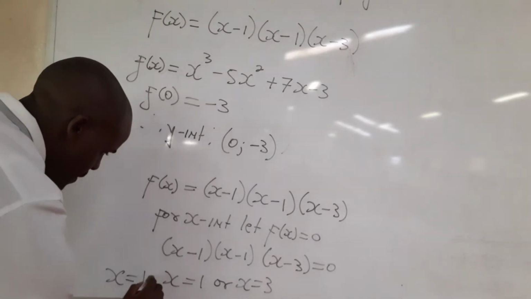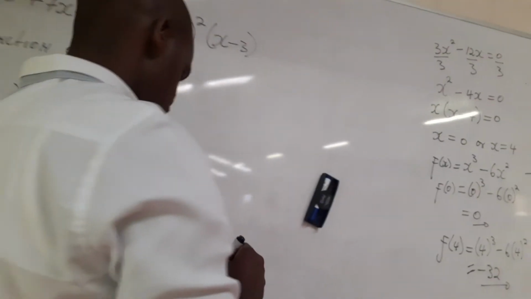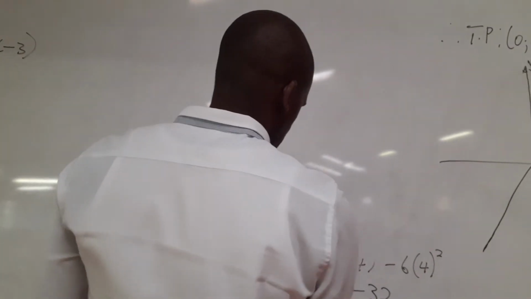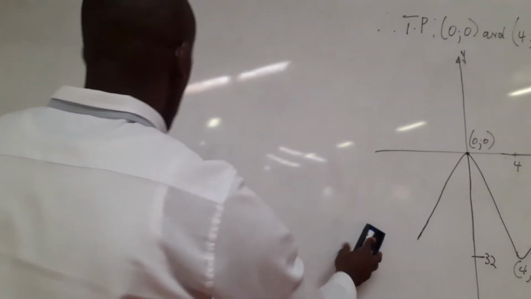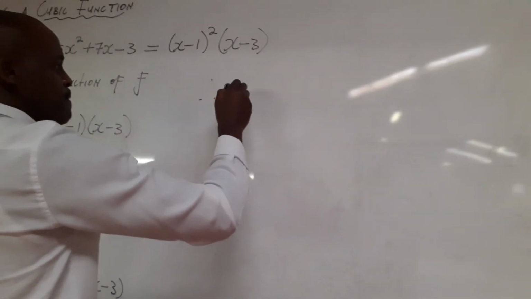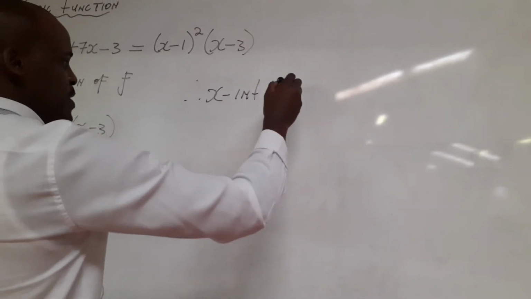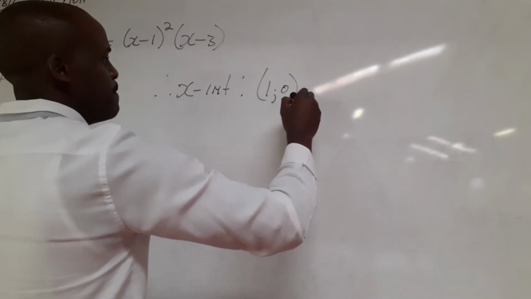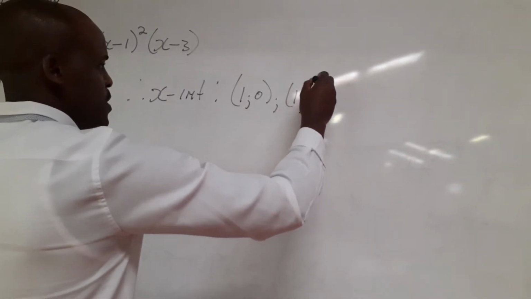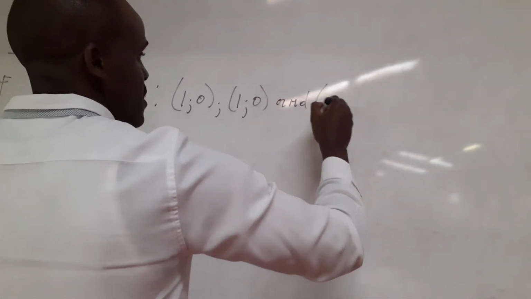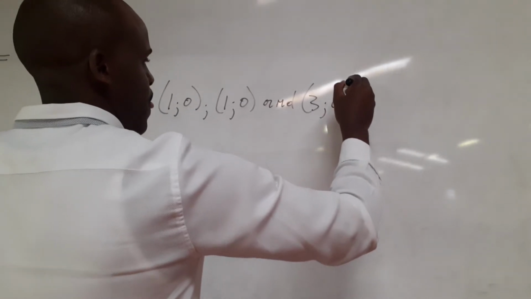X is equal to 1. And then our x-intercepts: (1, 0) and the last one is (3, 0).